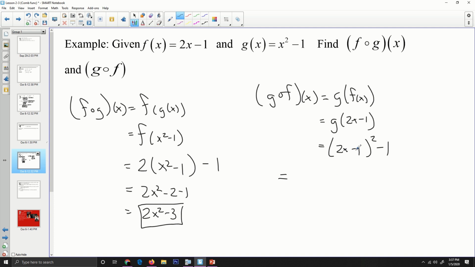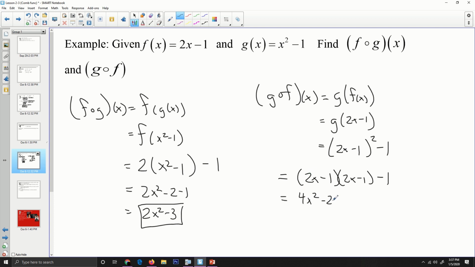Now for me to simplify that, I have to square this thing, and please don't tell me that it's 4x squared minus 1, because you cannot distribute exponents across this subtraction. So I have to multiply that out. 2x minus 1 times 2x minus 1 minus 1. And so I get 2x times 2x is 4x squared.